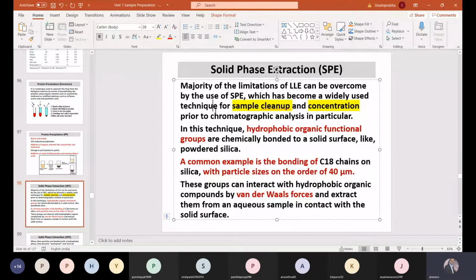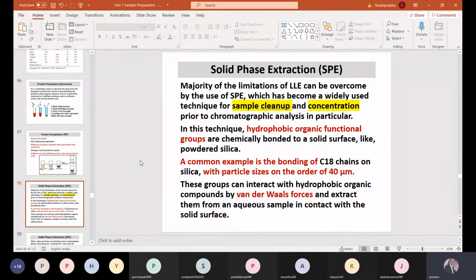And the moment it becomes a charged species, it will be difficult to interact with or retain organic molecules. And therefore, there has to be some modification into the structure of these substances, so that they become responsive towards hydrophobic substances or organic molecules.